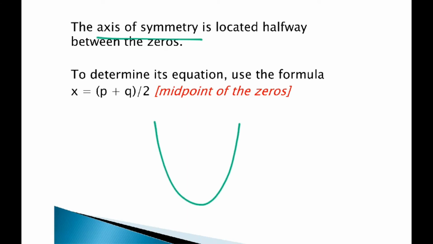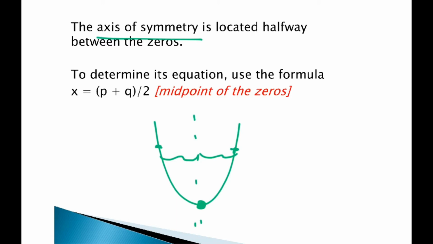Now remember that the axis of symmetry is located halfway between the zeros, or in other words at the vertex. There's symmetry for the parabola, and so wherever that axis of symmetry is, it's going to be halfway between the two zeros wherever it crosses the x-axis.